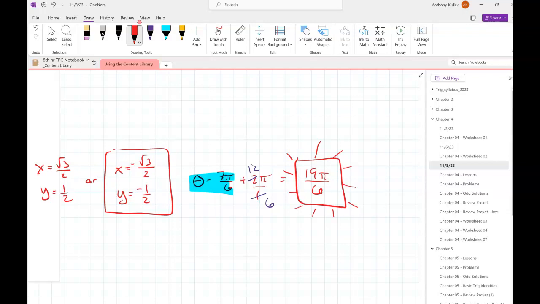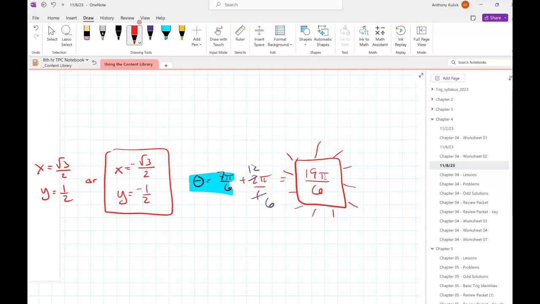Question. Is the 2 pi that you add just a thing you know to do? We talked about in chapter 2 an idea called coterminal angles. Those are two angles with different measure, but their terminal sides are in the exact same location. You can find an angle that's coterminal to any angle by either adding or subtracting 2 pi, or if you're in degrees, you'd add or subtract 360.